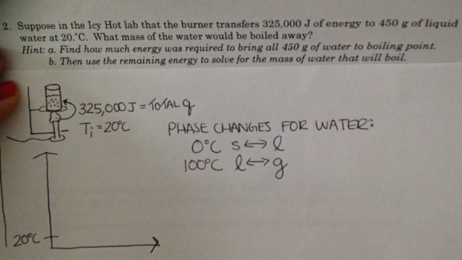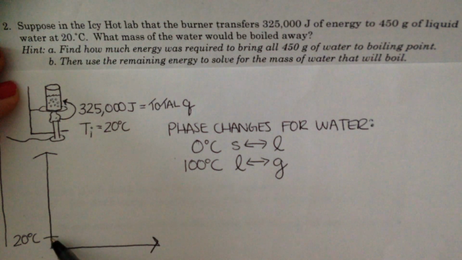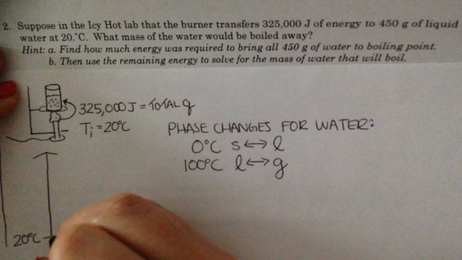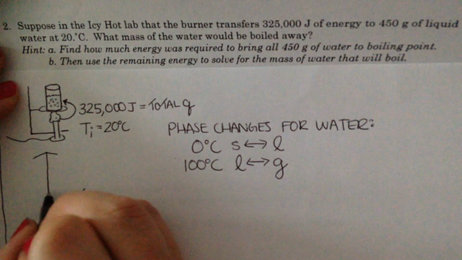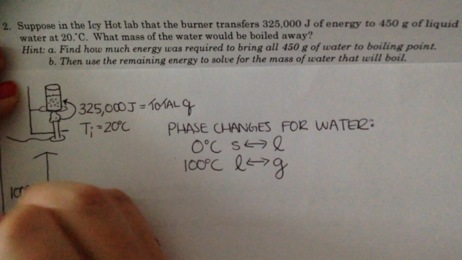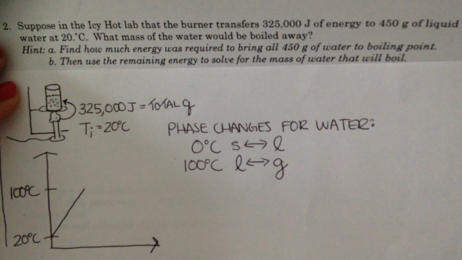If we're warming this, it's going to get hotter. And so we can assume that that energy is going to bring that water to its boiling point of 100 degrees Celsius before it can start to boil.